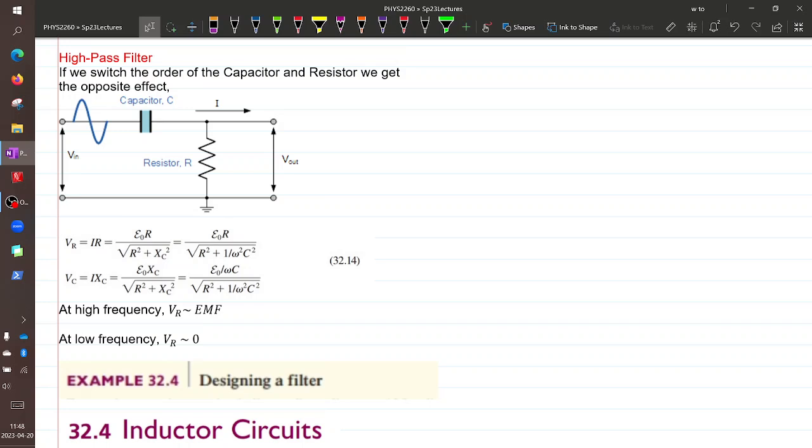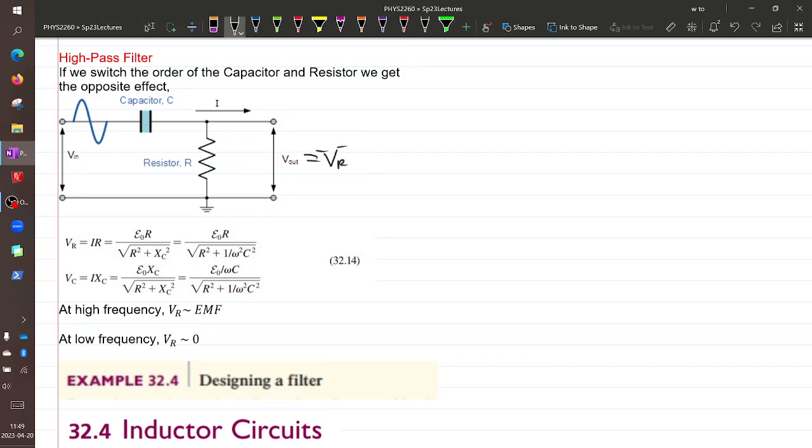The way you would do this is you basically just switch the position of the capacitor and resistor. And now instead of measuring the capacitor value, you measure the value that's coming out of your resistor instead.